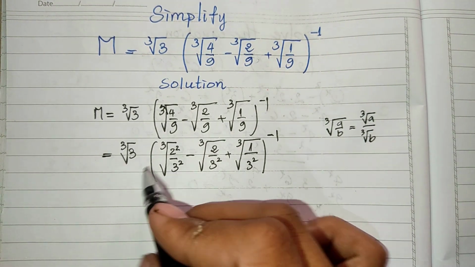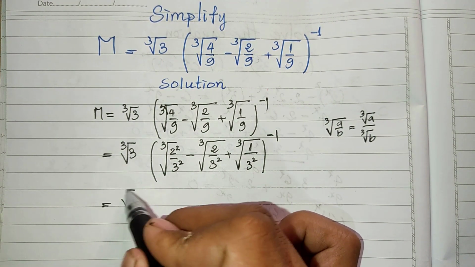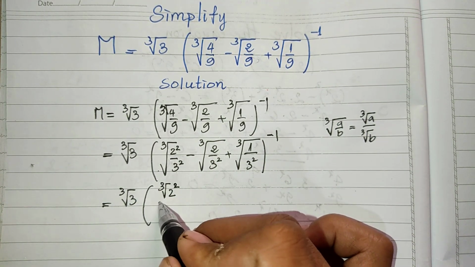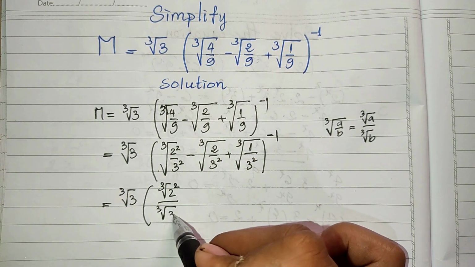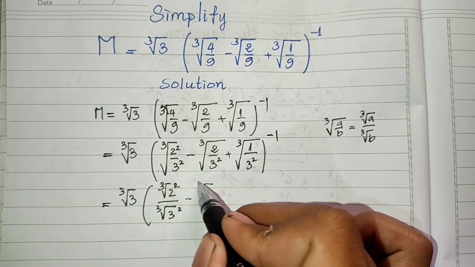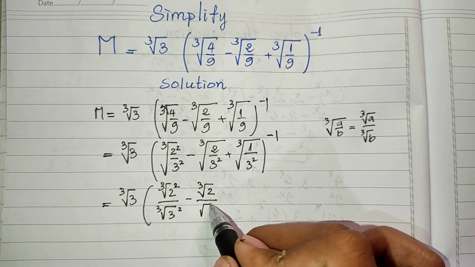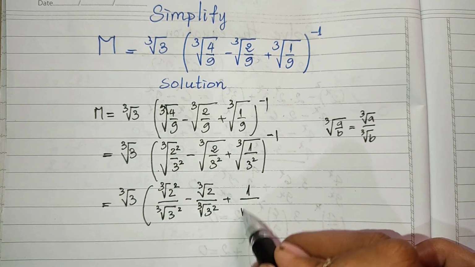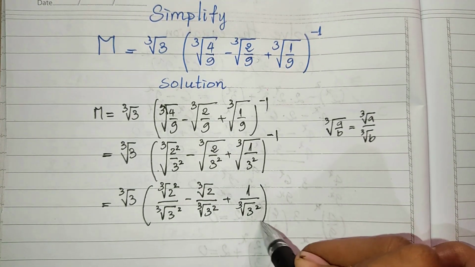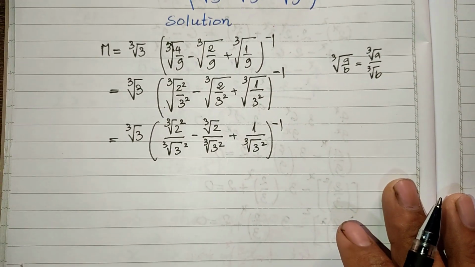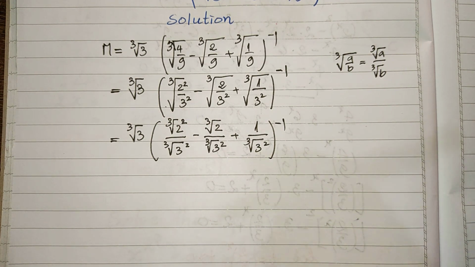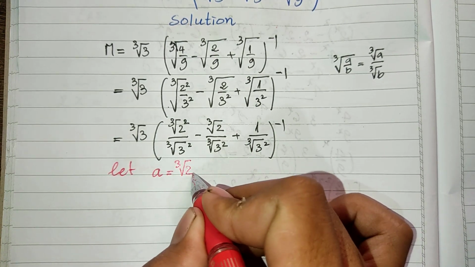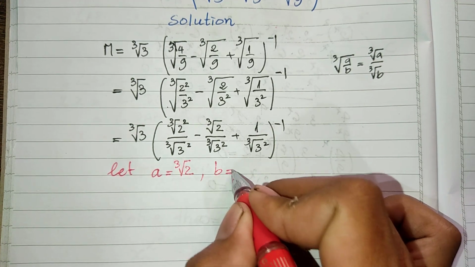So now we can write m equals cube root of 3 multiplied by the cube root of 2 squared divided by the cube root of 3 squared, minus the cube root of 2 divided by the cube root of 3 squared, plus 1 divided by the cube root of 3 squared, all to the power minus 1.